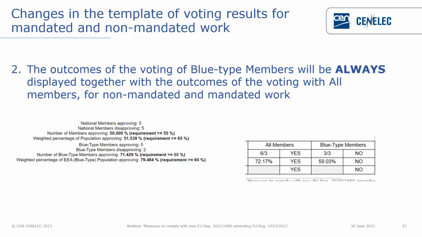So it's a kind of safety net. That's why, also for non-mandated work, you will always find displayed the result of the blue type members. But the approving criteria do not change. They remain as in the current IR2.